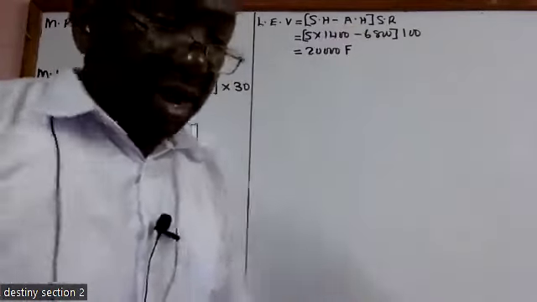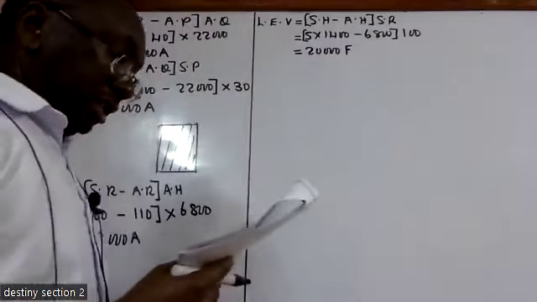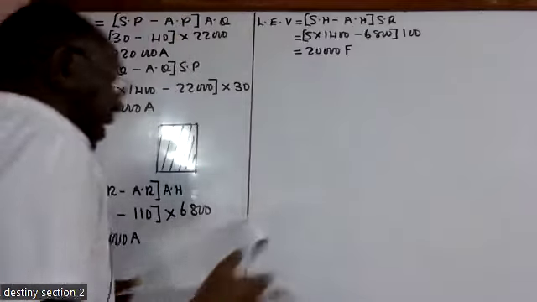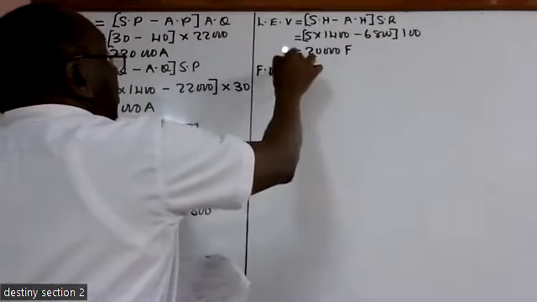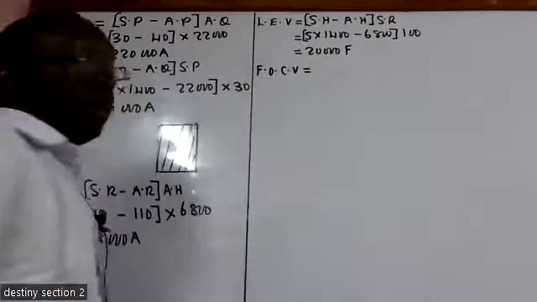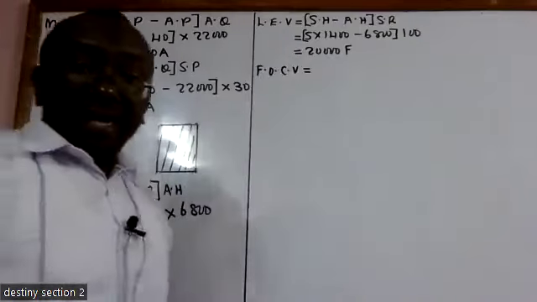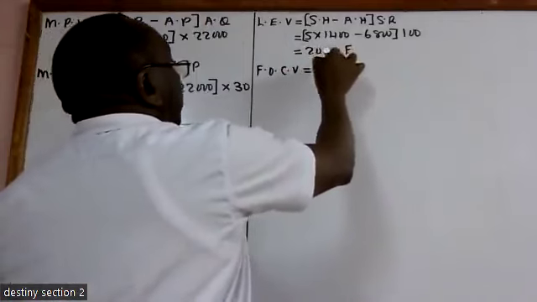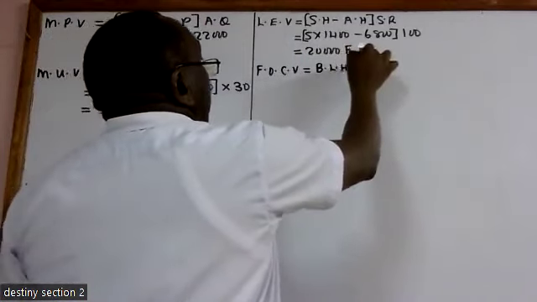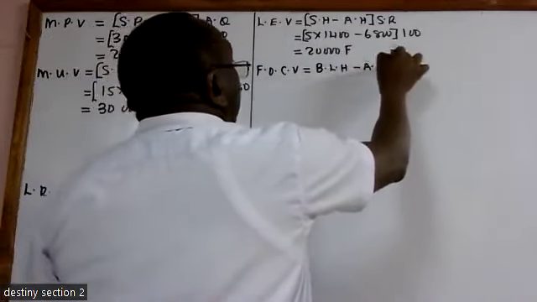The next one that we are taught to compute is fixed overhead capacity variance. For the capacity variance, I told you it is budget labor hours minus actual labor hours.